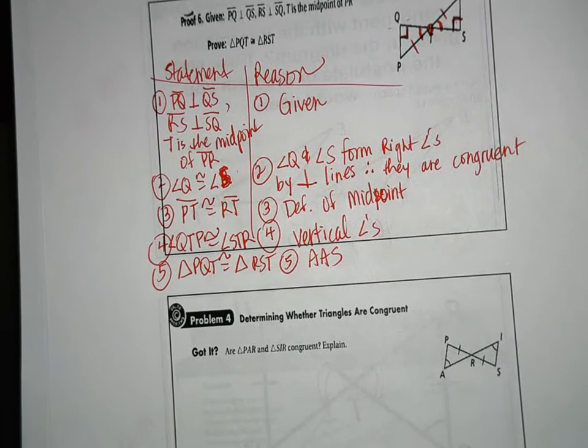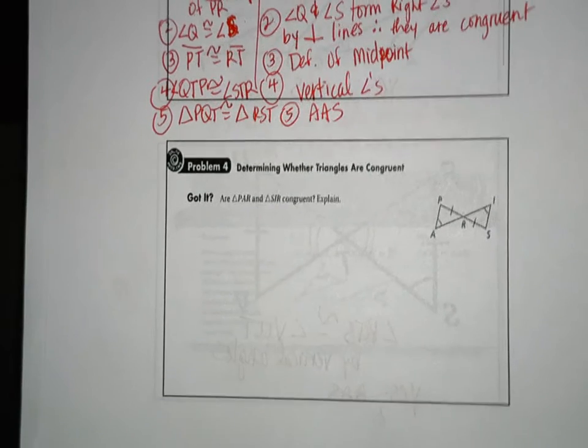Okay, questions, something that you want me to clarify and go back over? Okay, number 4. Are these congruent? So right now there's only an angle and a side.